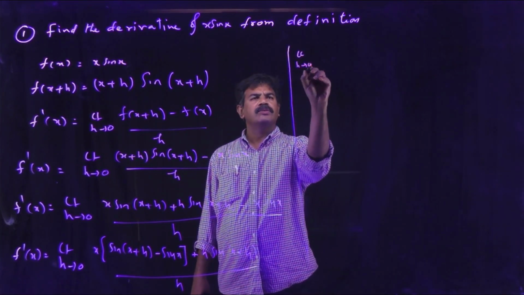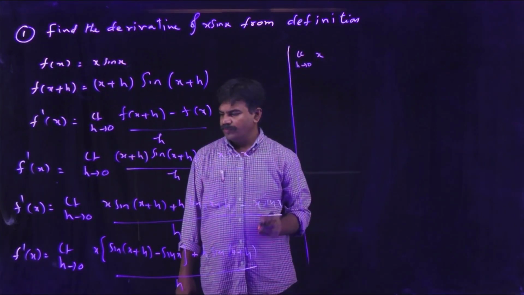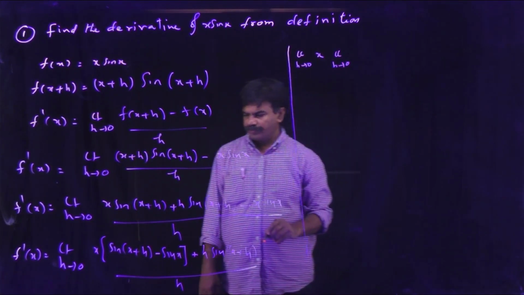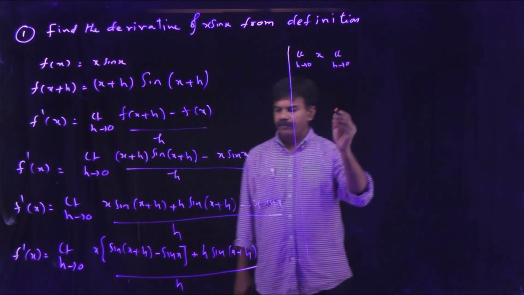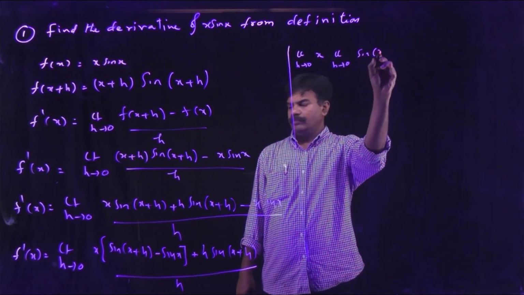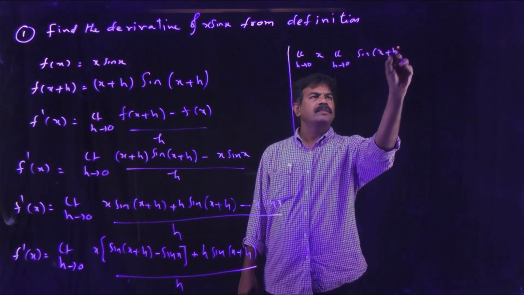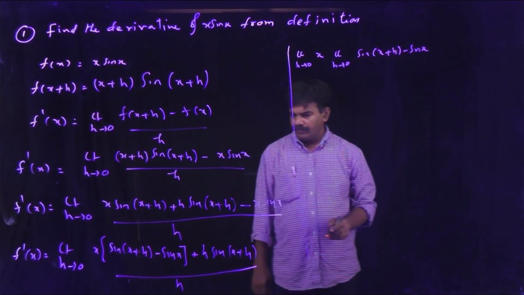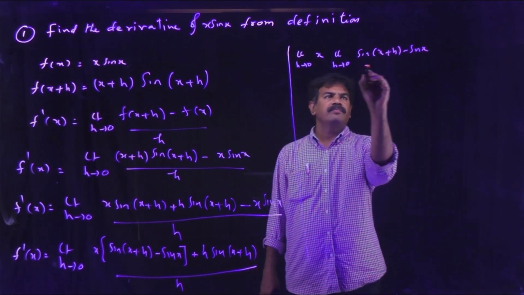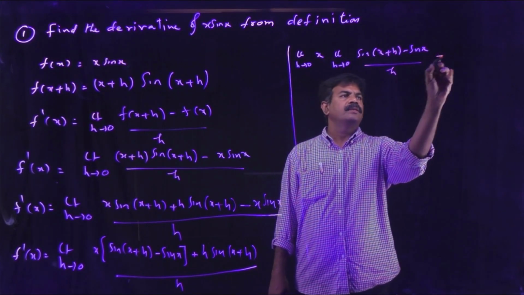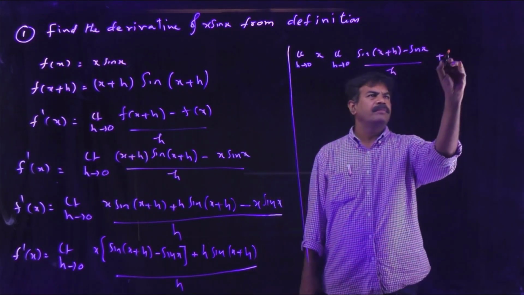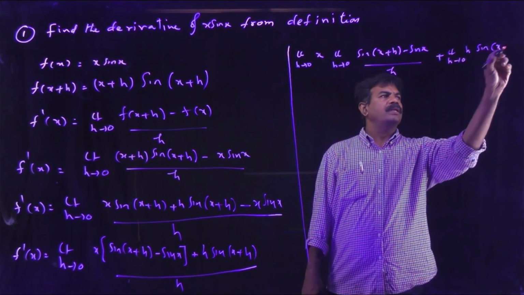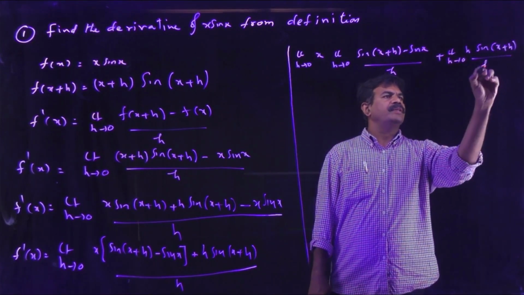Limit h tends to 0 x into limit h tends to 0 sin of x plus h minus sin x by h, plus limit h tends to 0 h into sin of x plus h by h.